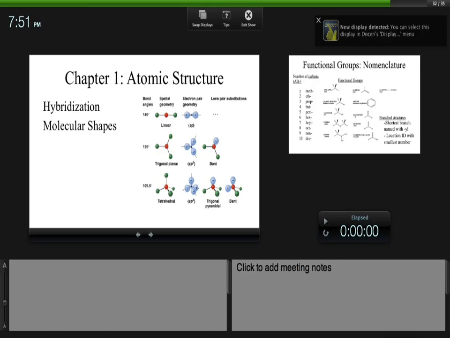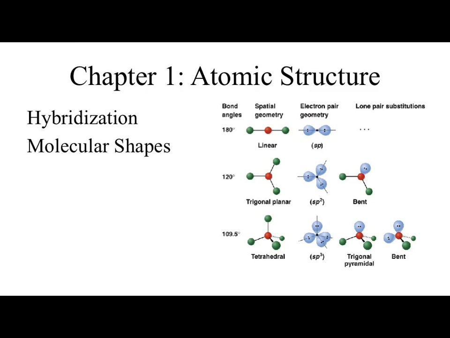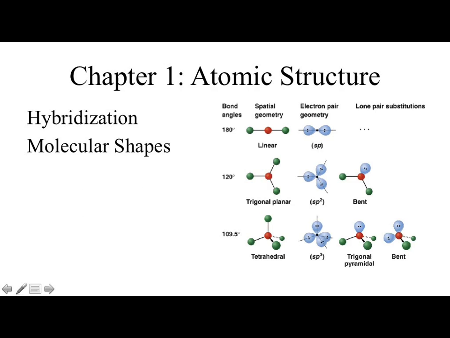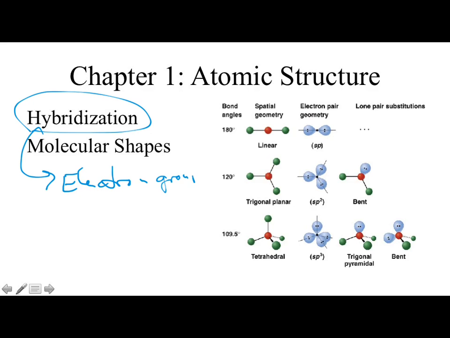Okay, so chapter 1 with our hybridization, we're looking for electron groups. If you have 4 electron groups, we need 4 equivalent orbitals. That's where we get sp3.